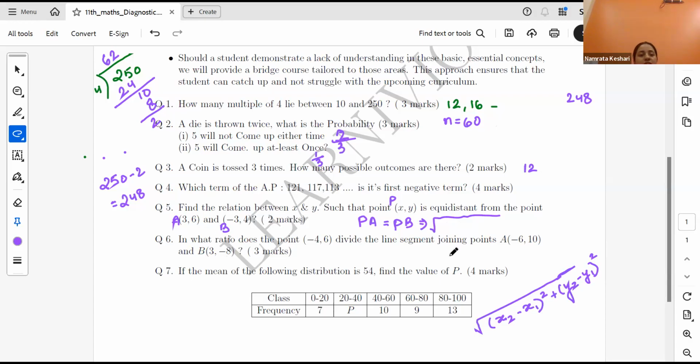Can you do question number 6? Please read it.